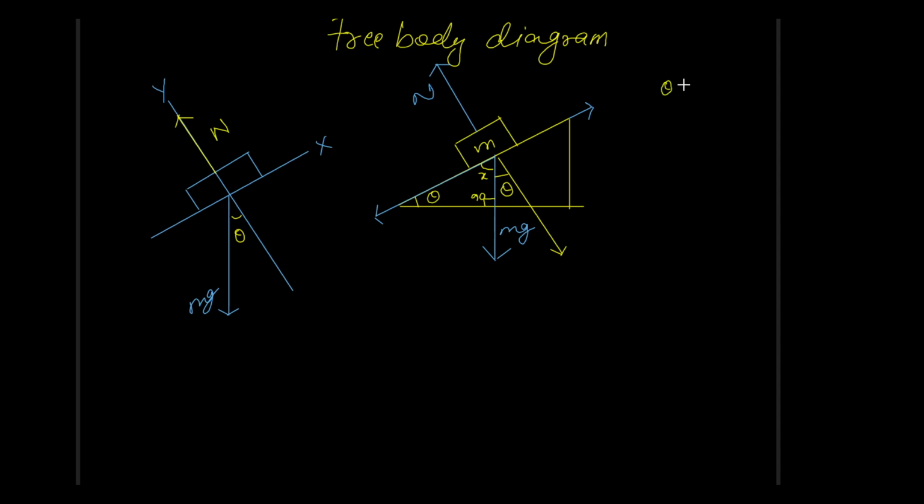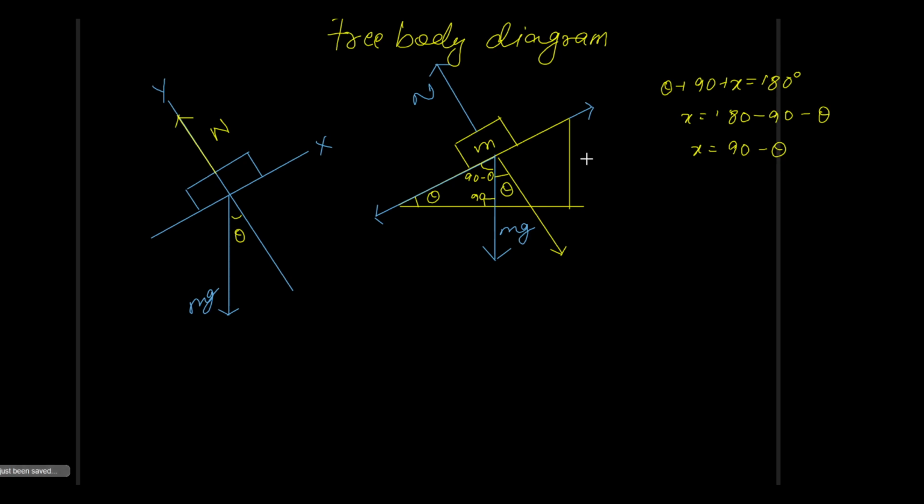I am looking for x, so taking this to the other side, it becomes minus 90 and minus theta. So 180 minus 90 is 90 minus theta. So what have we got? This x out here is 90 minus theta.